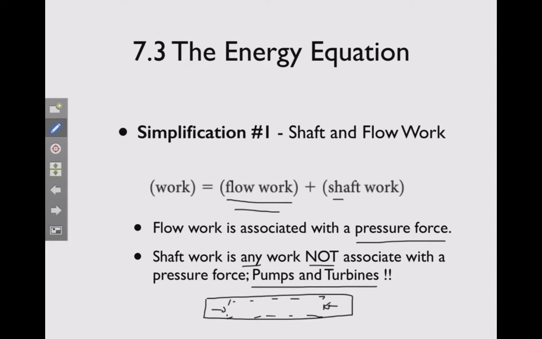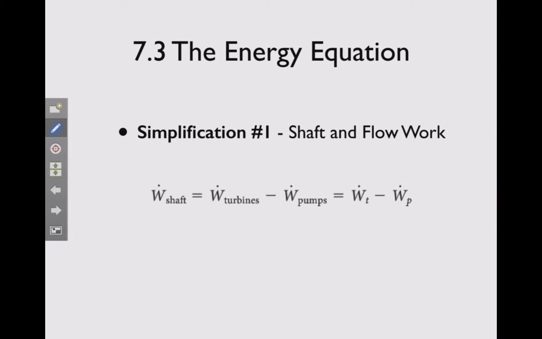In the end, we're going to have a symbol W_s that we carry through the derivation. That'll be the shaft work, and in the end, this will be separated into pumps and turbines. In fact, it'll be the pump head and the turbine head.